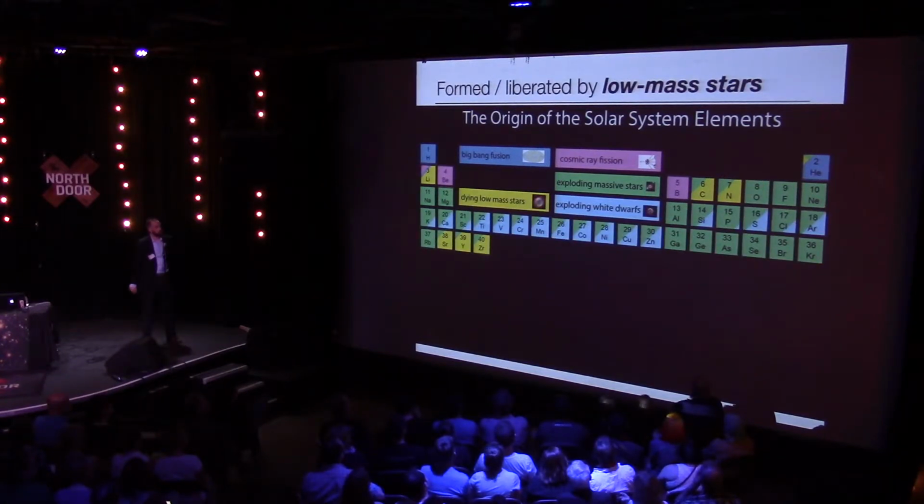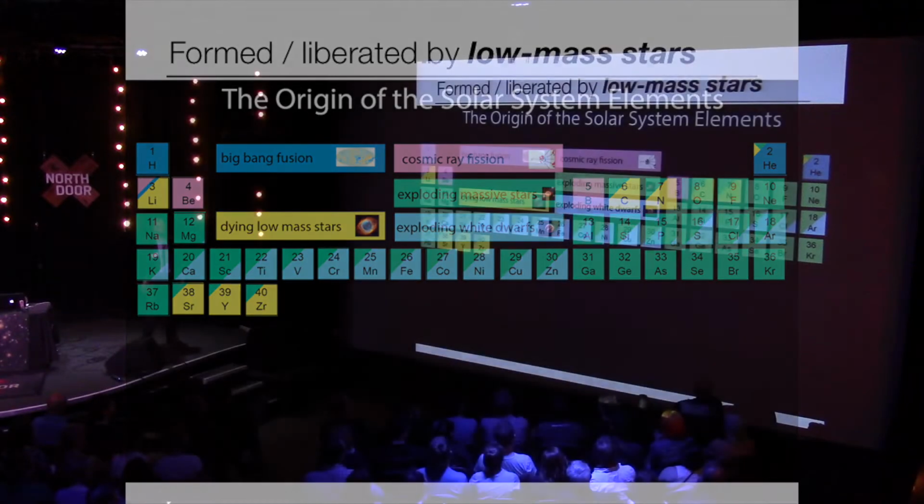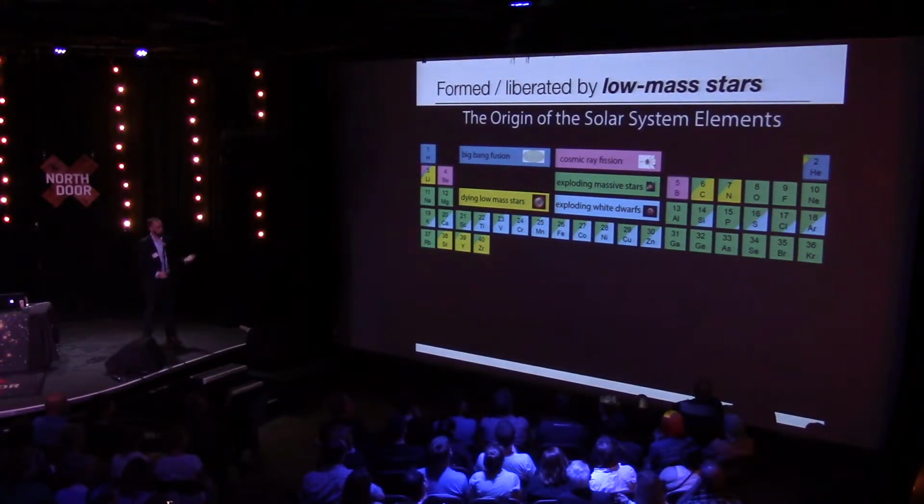If you look at slightly heavier elements, you find that these come out in the explosive deaths of less massive stars, okay? So dying low-mass stars or exploding white dwarf stars, which are remnants of intermediate mass stars. These are the things that produce all the elements you see here.